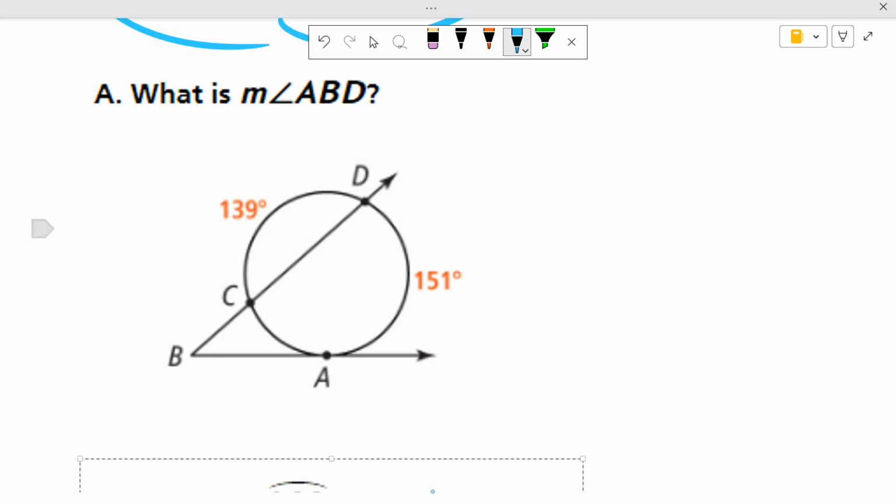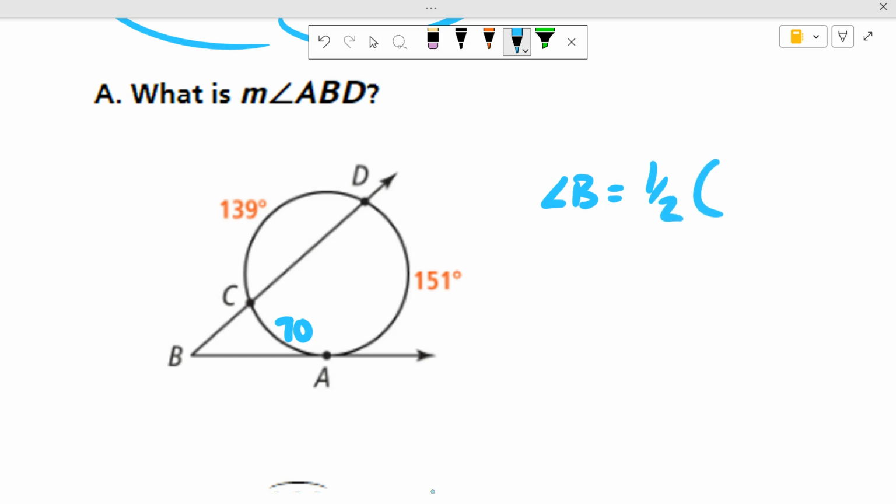So how much is left for AC? 70. So to figure out angle B, it equals 1/2 of the big part, 151, minus the little part, 70.